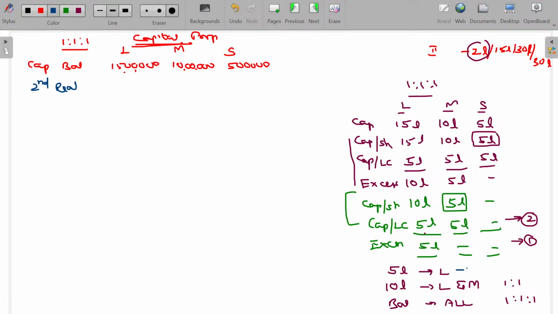Now, I finish up paying 2 lakhs here. Over, only for L. So, balance after second realization: L payable 13 lakhs, M 10 lakhs, and S 5 lakhs.